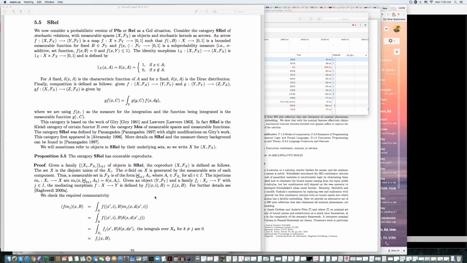So it's not just relations, but relations where, after you've determined that X is related to Y, then you have a continuation, and in that continuation, it may no longer be the case that X is related to Y. So for example, in a resource sensitive system, the act of observing that X is related to Y may use up either your quantity of X or your quantity of Y.